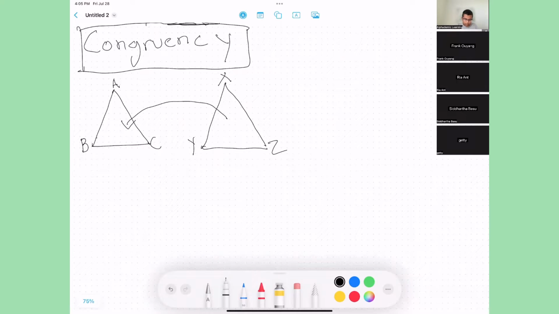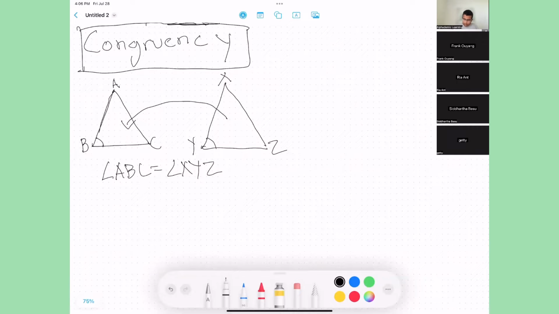And the angles between the sides have to be equal too. So corresponding angle ABC has to be equal to angle XYZ, and angle YXZ has to be equal to angle BAC, etc. But the point is, if you put these two cardboard triangles on top of each other, they would be exactly the same. So for that to happen, the angles have to be equal, and so do the sides.